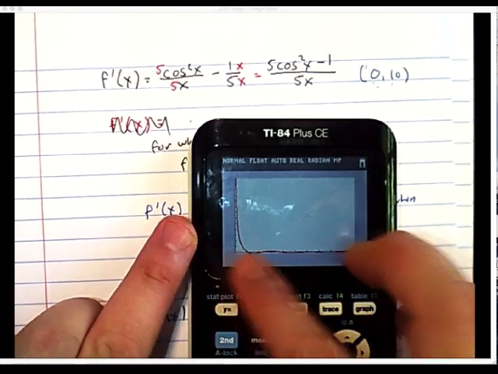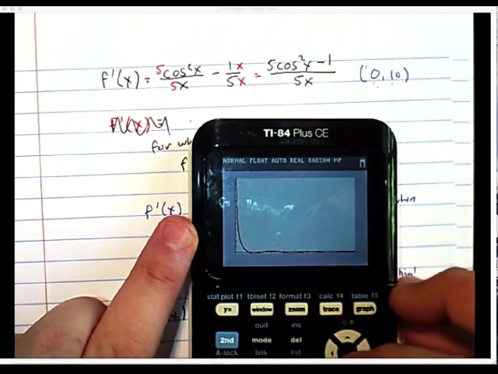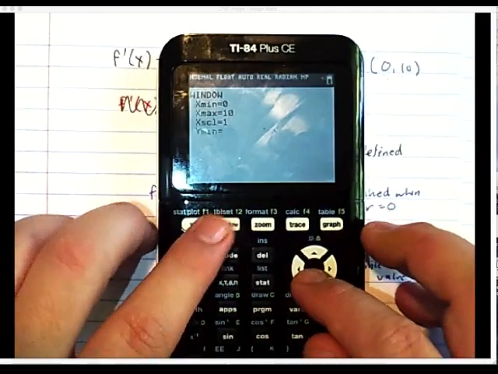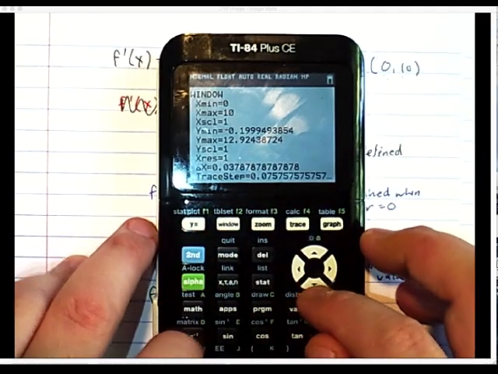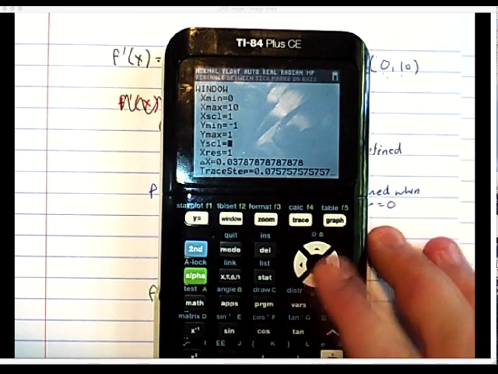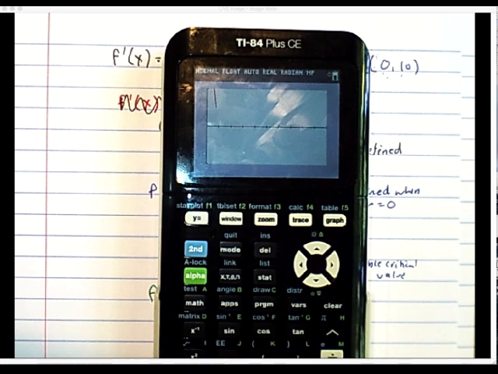Well, it's continuous on the open interval 0 to 10, so it's not going to be undefined anywhere. But if I zoom in here, let's change the y min to, I don't know, -1 and the y max to +1. That's going to change the graph a little bit. Okay, it's going to look easier. So where does this derivative function actually equal 0?